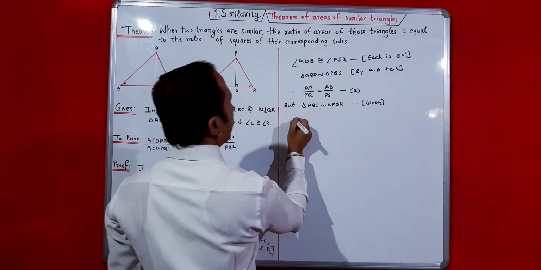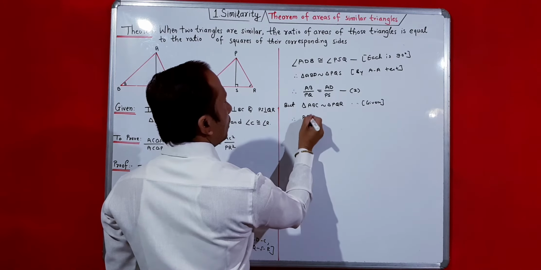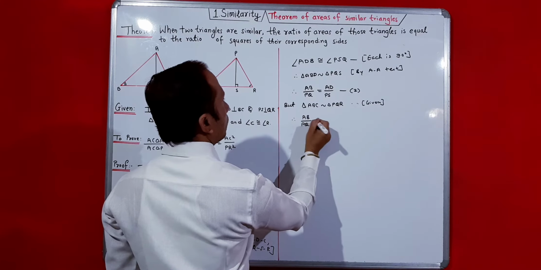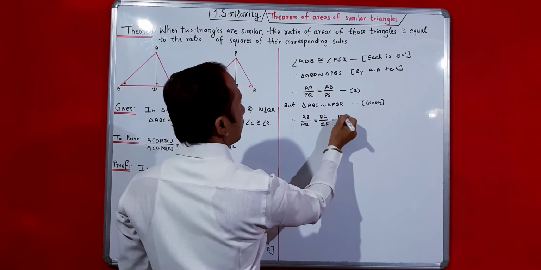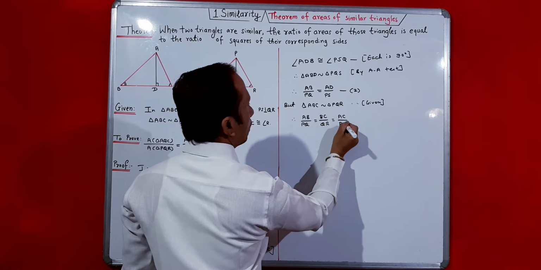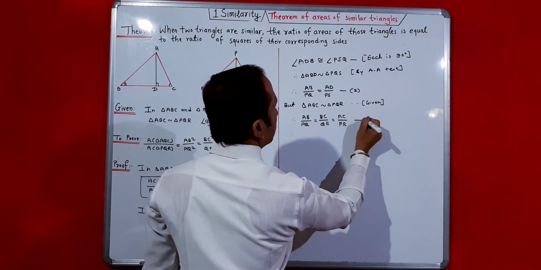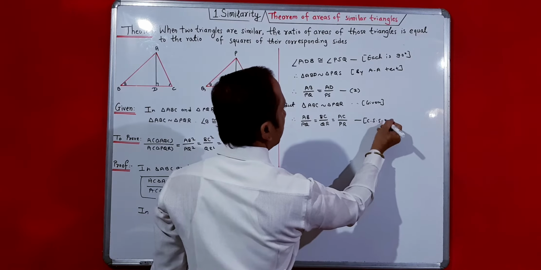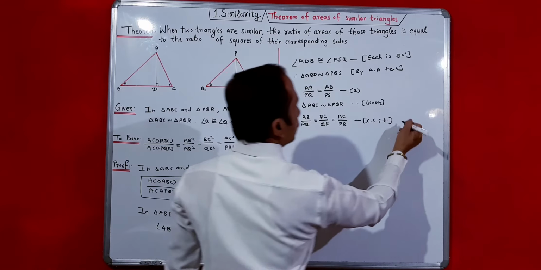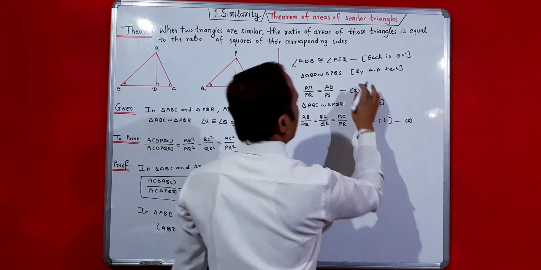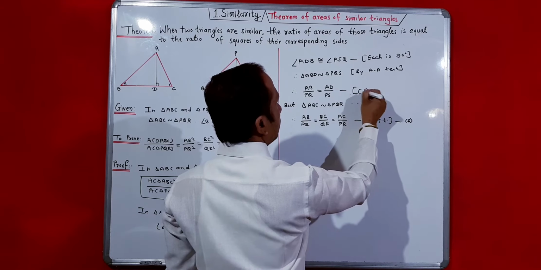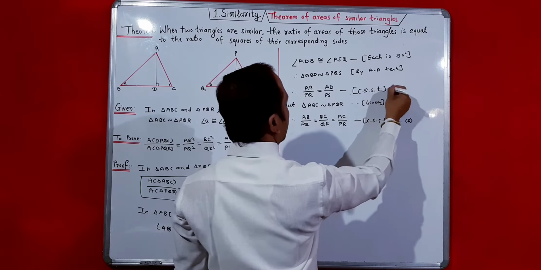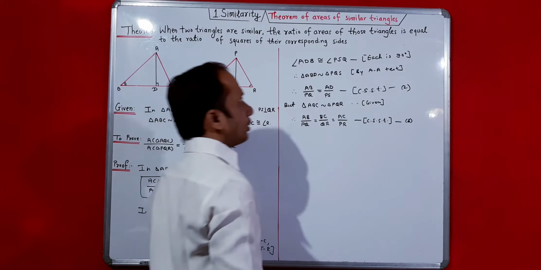Therefore AB upon PQ is equal to BC upon QR is equal to AC upon PR. You write the reason: corresponding sides of similar triangles. Suppose this is third, and you write the same reason here also: corresponding sides of similar triangles. This is an important reason.